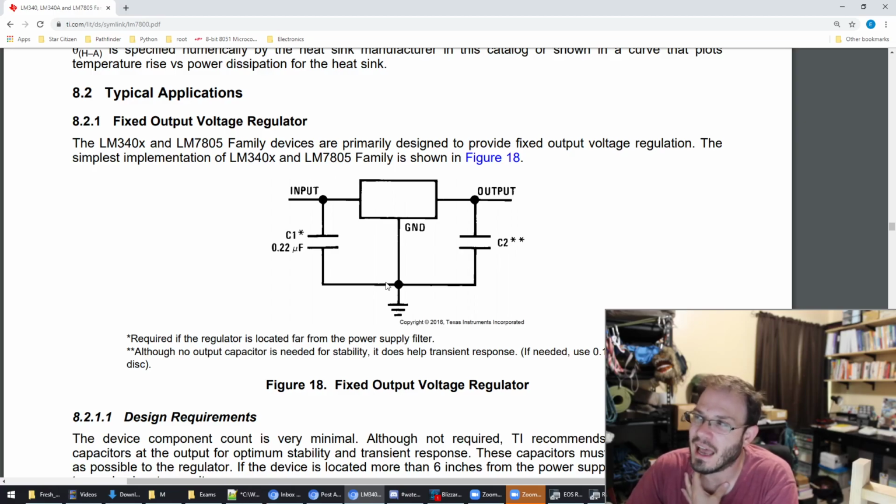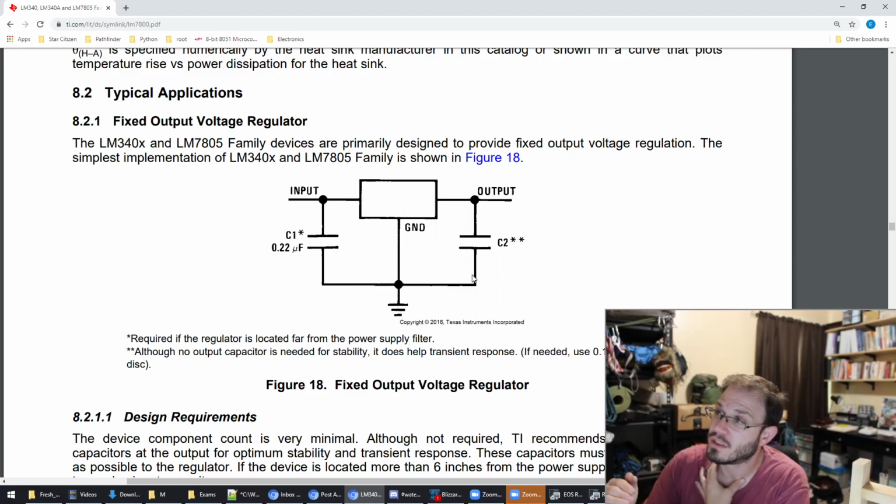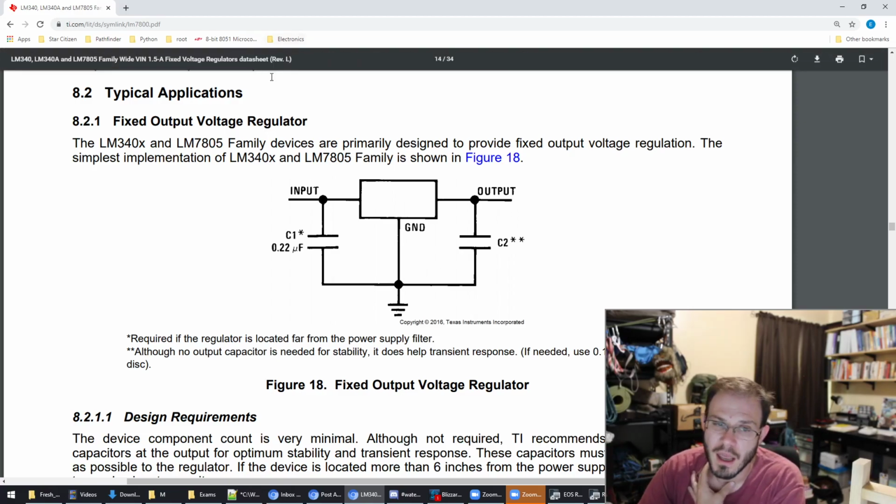So I think next class, I'm going to do a little high-level overview of how this part works on the inside. And that capacitor is to help the feedback loop, at least the output one is, as far as responding to those changes in current.